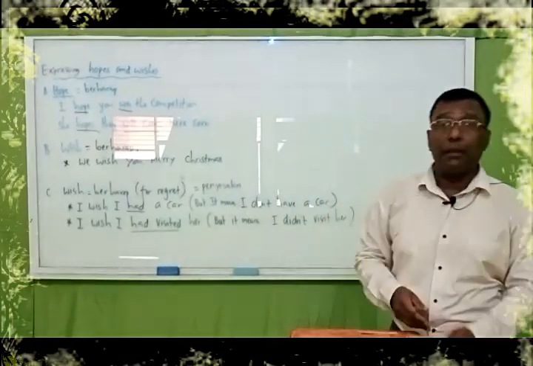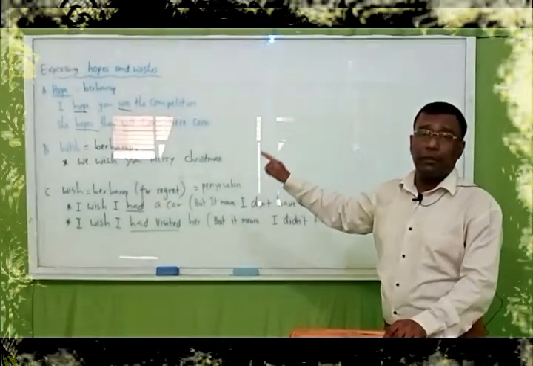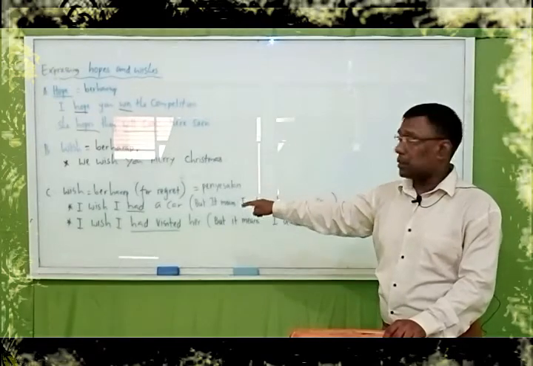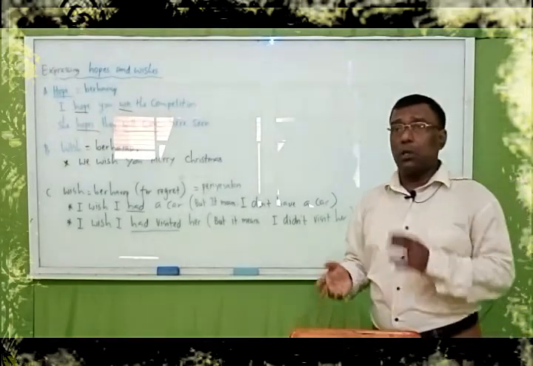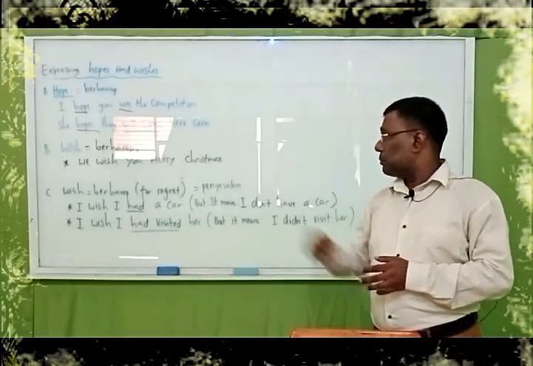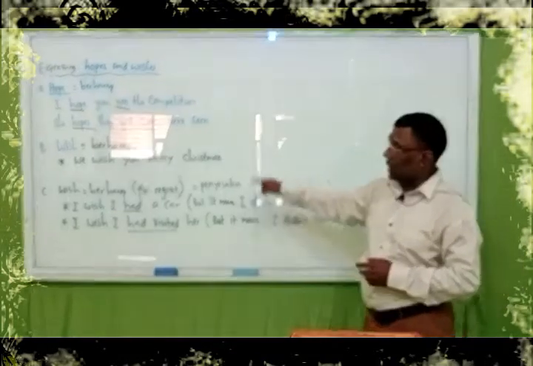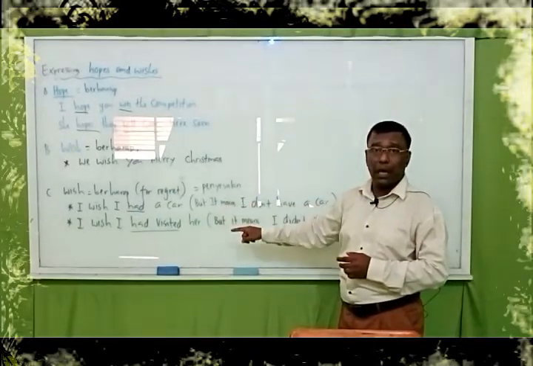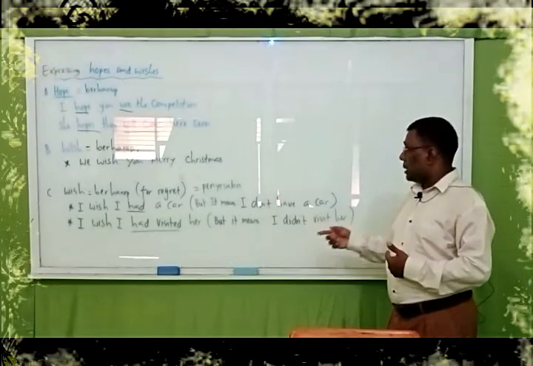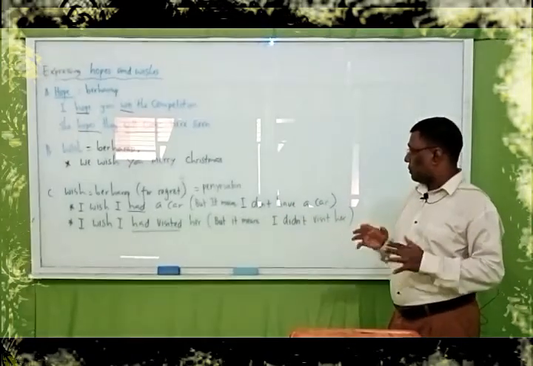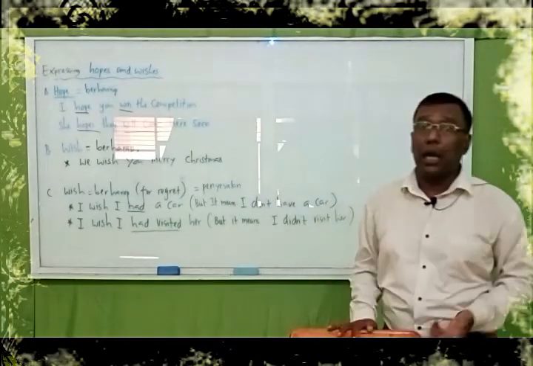The second example is totally different from the first, because it is had visited. We use past perfect, had and then verb 3. So what is the meaning when we say I wish I had visited her? It is contrary: I didn't visit her, so I regret. I wish I had visited her.